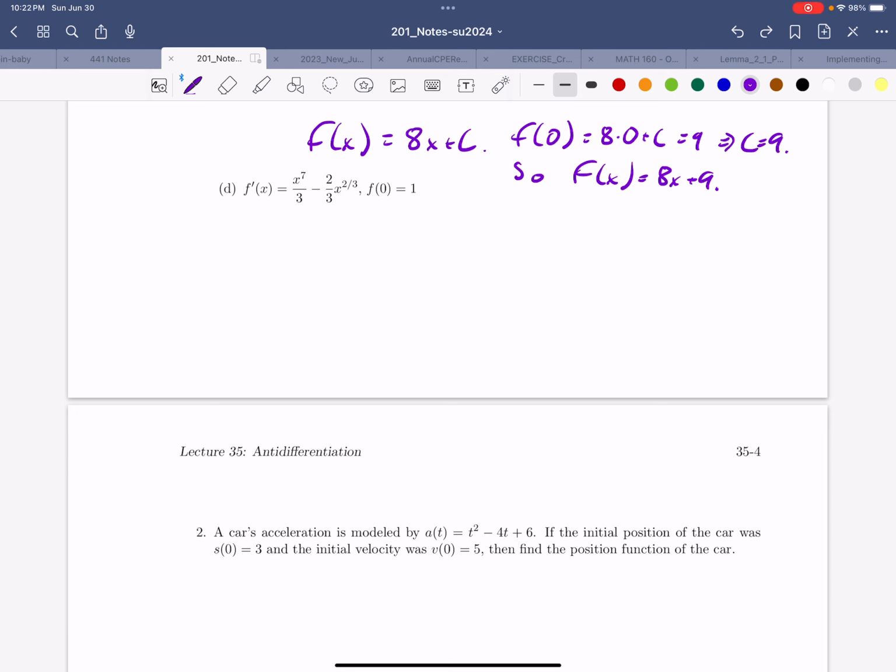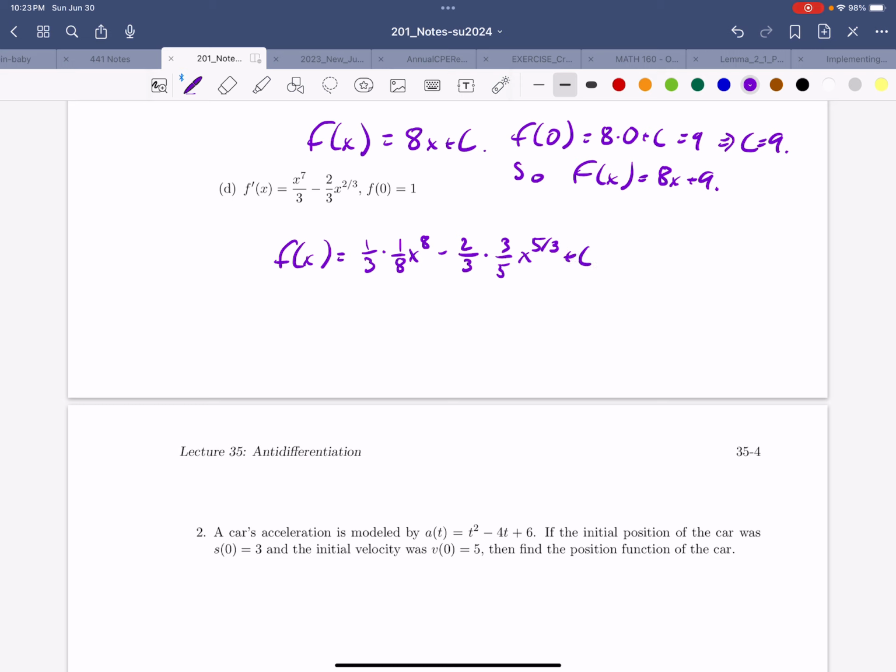Last but not least, Part D. Here, f of x equals, well, let's just do it out. It's going to be 1/3 times 1/8 x to the 8th minus 2/3 times, if you add 1, that's 5/3, so it's going to be 3/5 x to the 5/3, because dividing by 5/3 is multiplying by 3/5.